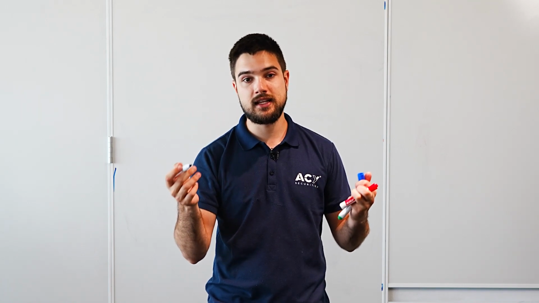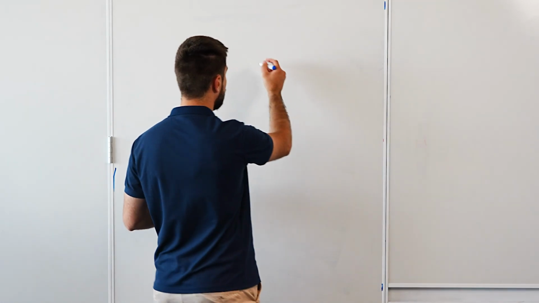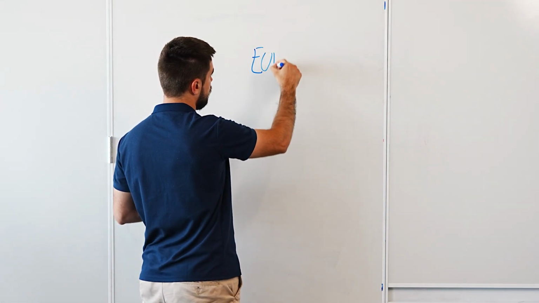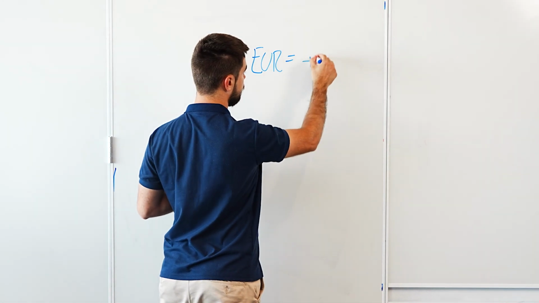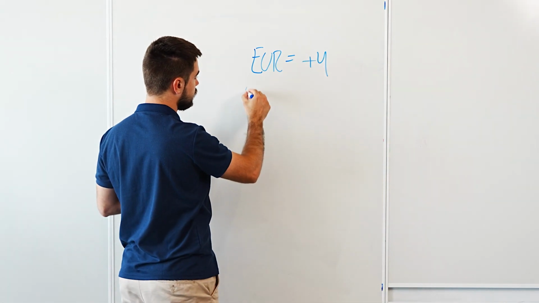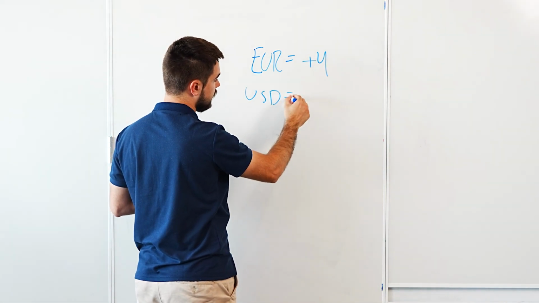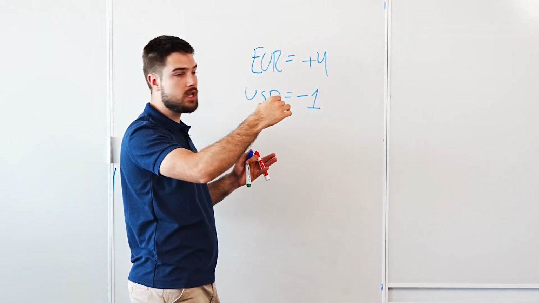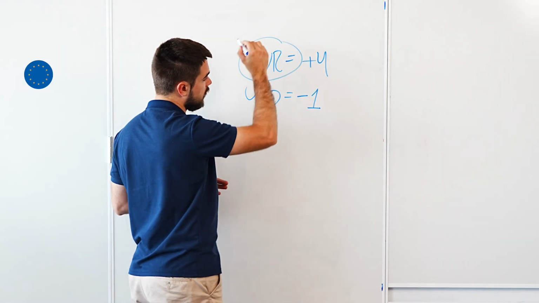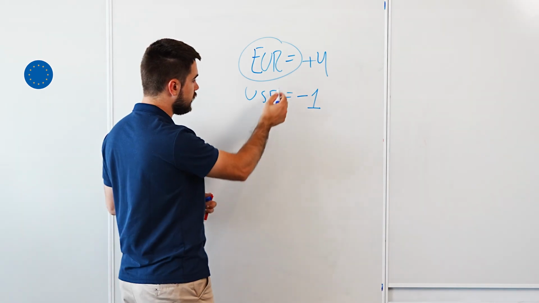Let's say euro right now is on a 4, so euro is equal to +4, and US dollar is equal to -1. The stronger currency here is euro, and the weakest currency here is US dollar.